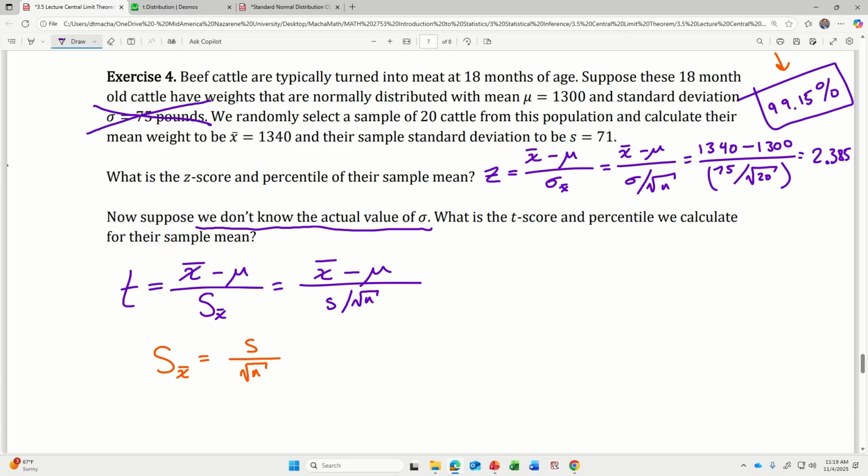That's what's happening here. And then once again, we're going to have 1340 minus 1300 divided by 71 divided by square root of 20. So again, be super careful about how you put this in your calculator. I would put parentheses in the numerator, parentheses in the denominator.